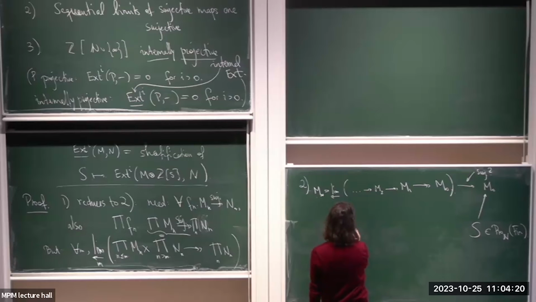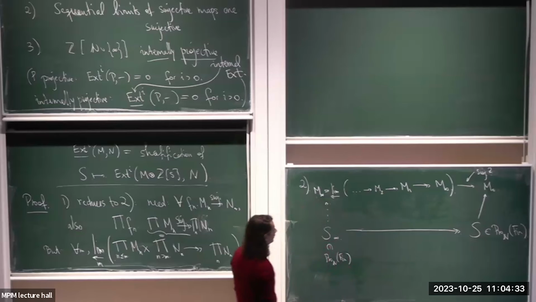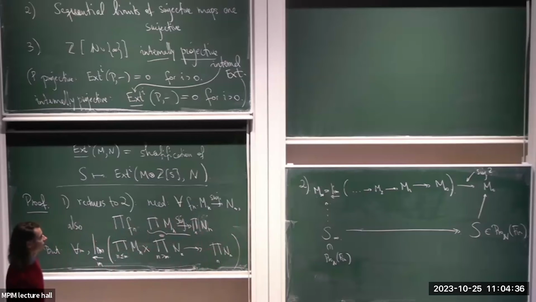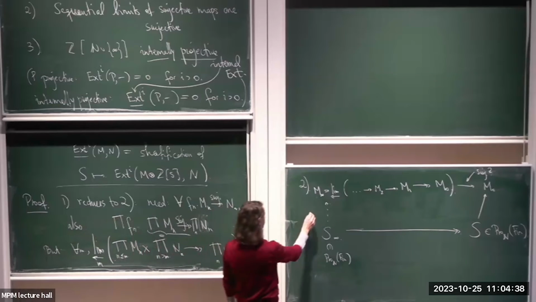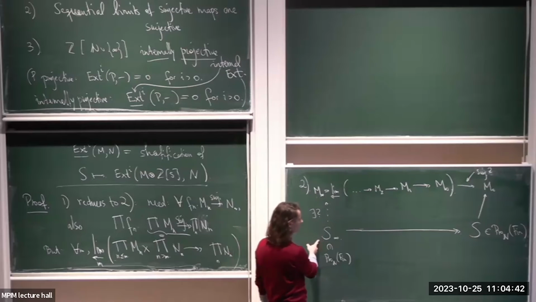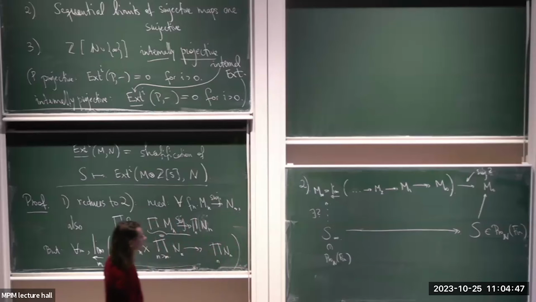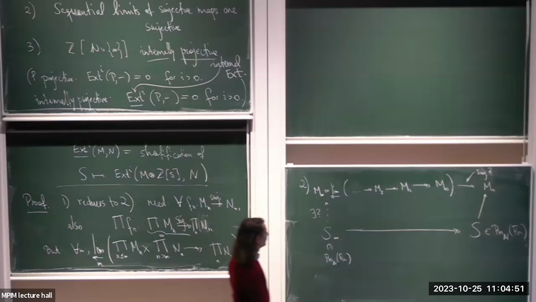But in fact, it's enough to find a surjective map from some, let's call it S infinity, and a lift to here. So does there exist some other light profinite set surjecting onto S and a lift to M infinity? That's what the surjectivity unravels to.